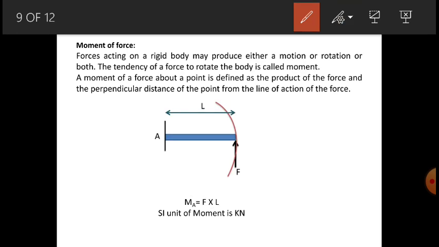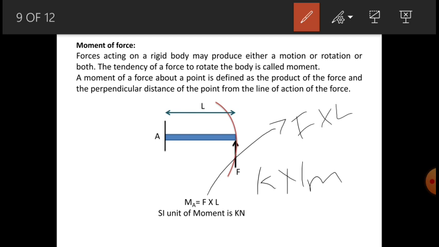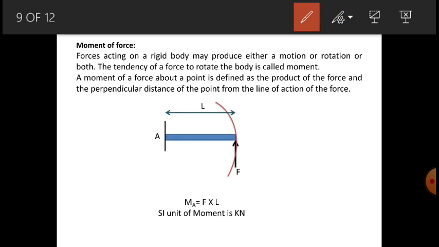And the SI unit of the moment is kilonewton meter. Because if you see the formula, it is force into length, right? So what is the unit of force?